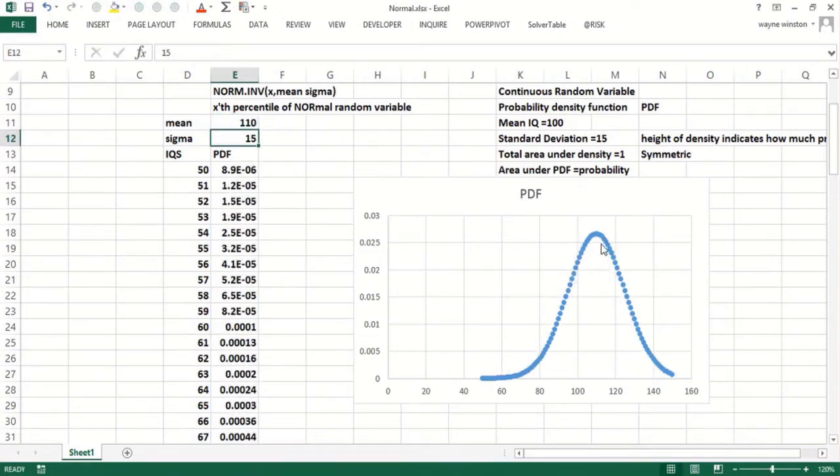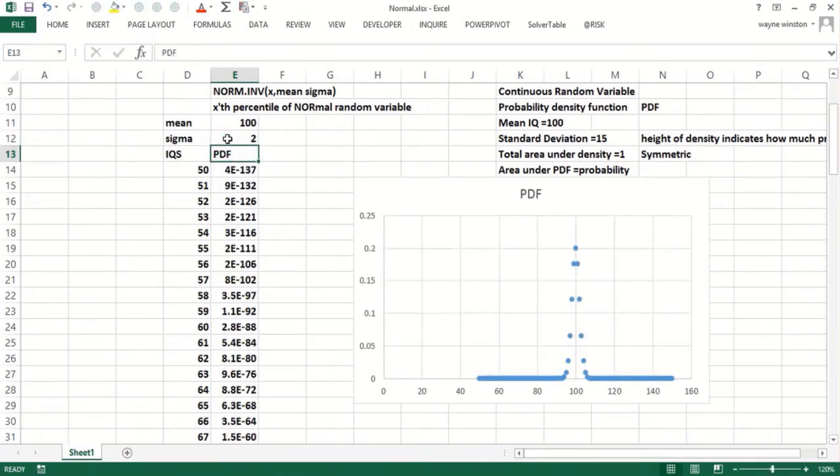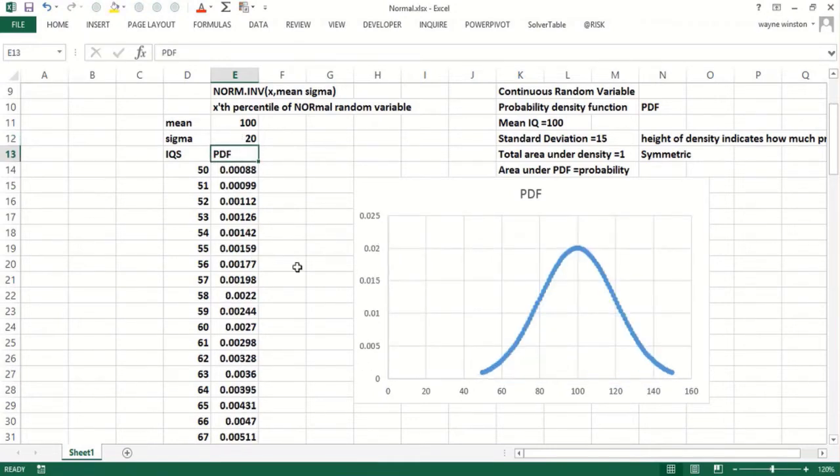See, it did. The spread about the mean doesn't change much at all. Okay, but let's go back to 100. Suppose I make the standard deviation be 2. Well, then it's much tighter. Almost nobody goes below 90 or above 110. If I make the standard deviation be 20, it's more spread out. See, it hasn't even dropped off yet.